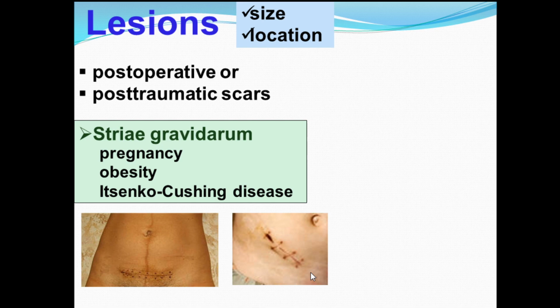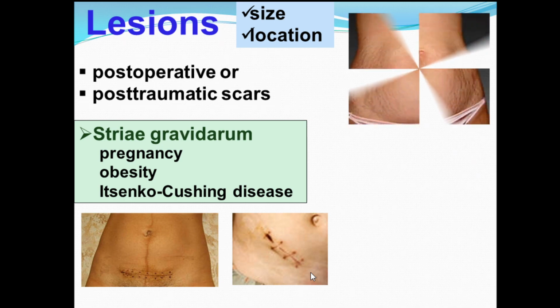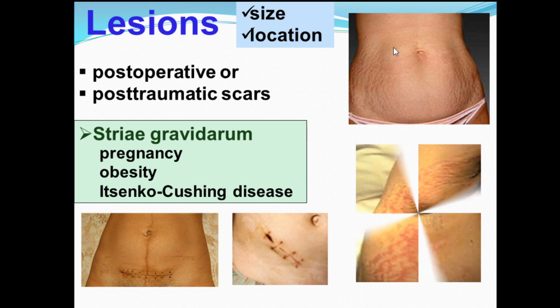And it may be a complication of Itsenko-Cushing disease, a specific endocrine pathology. You see striae on lateral sides of the abdomen and in the armpit and lateral side of the chest. They can have a red, light brown, sometimes white color. It's not a result of trauma, it is a result of a problem with connective tissue.